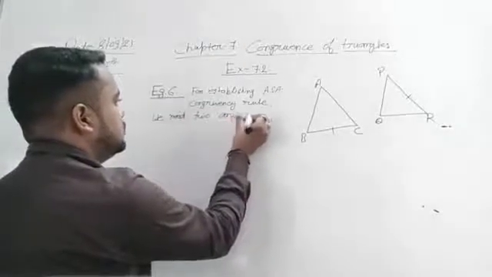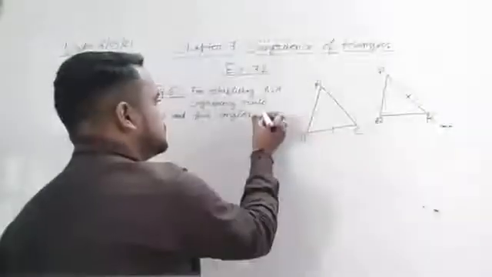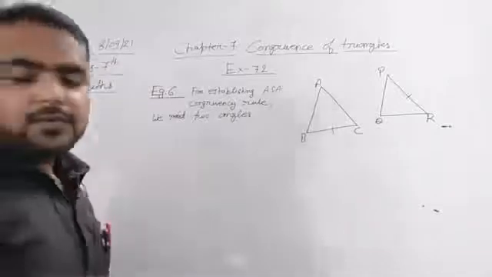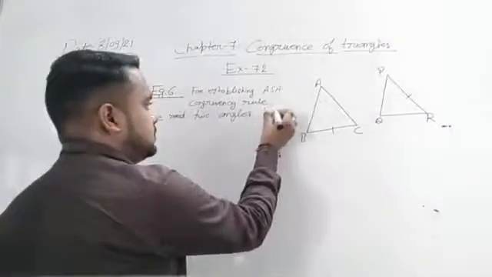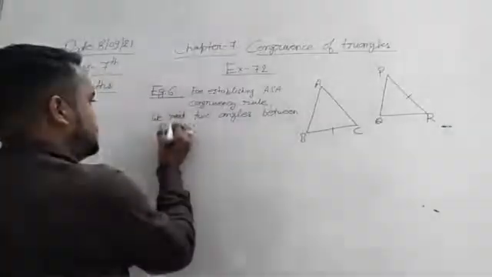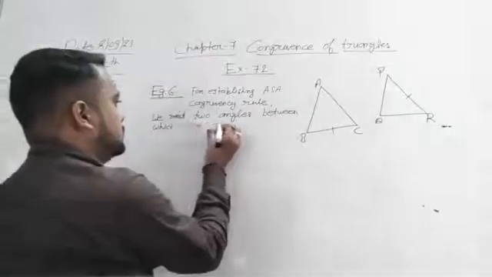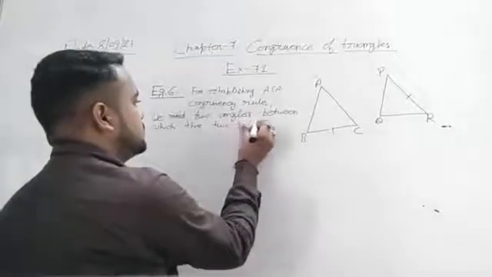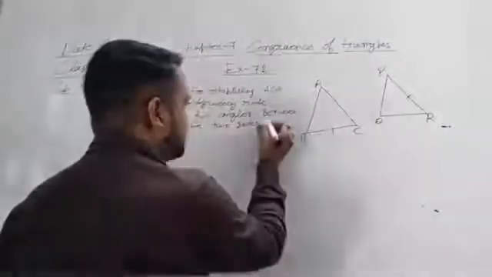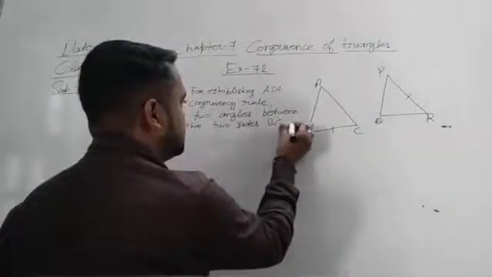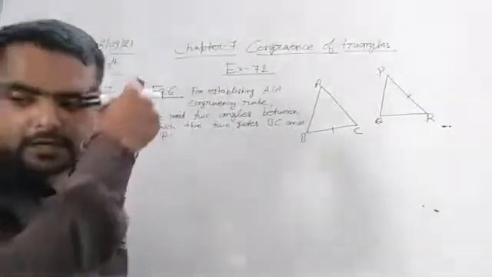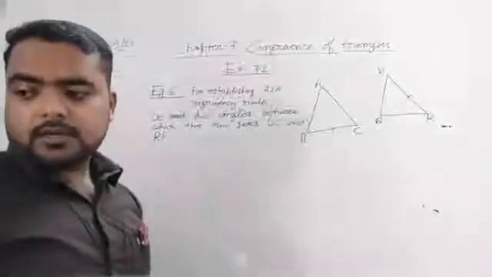We need two angles between which the two sides, that is the given BC and RP in both triangles, triangle ABC and triangle PQR, are included.